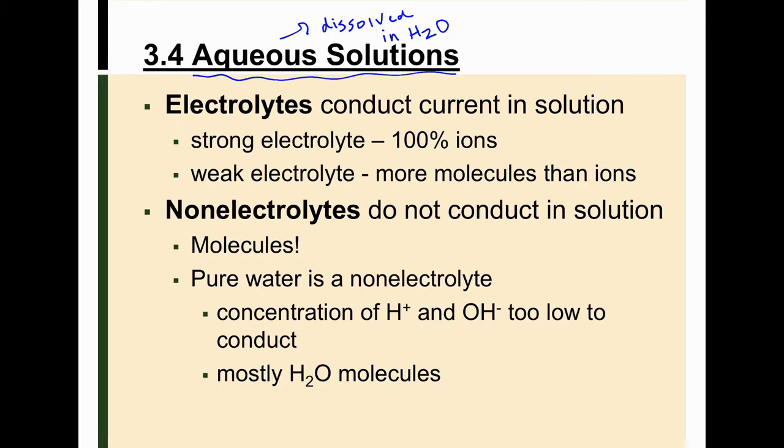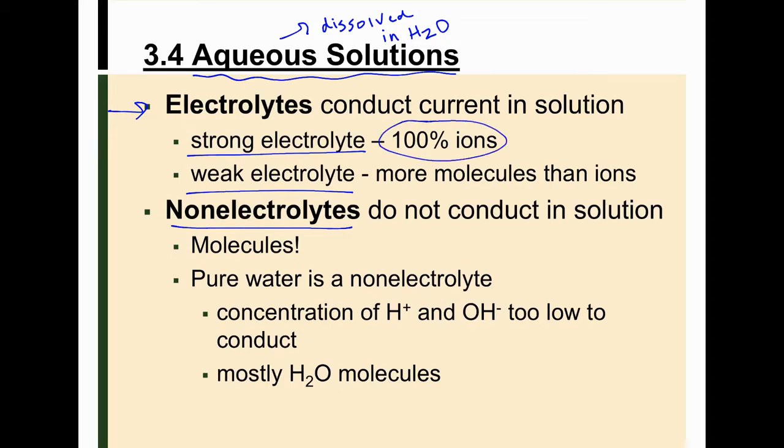Now, some things, when you dissolve them in water, will create a solution filled with electrolytes. So what are electrolytes? Electrolytes are substances that conduct current or conduct electricity in solution. You can have three different categories: strong electrolytes, weak electrolytes, or non-electrolytes. Strong electrolytes are when you have something that fully dissociates, so fully breaks up into ions.